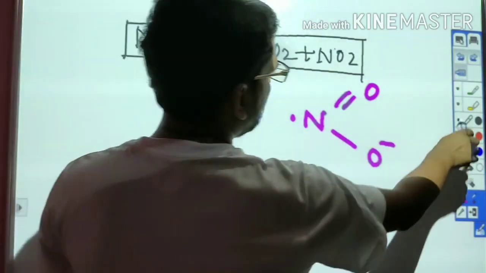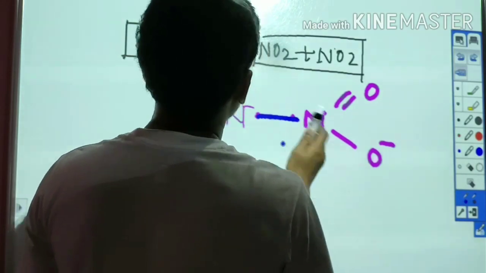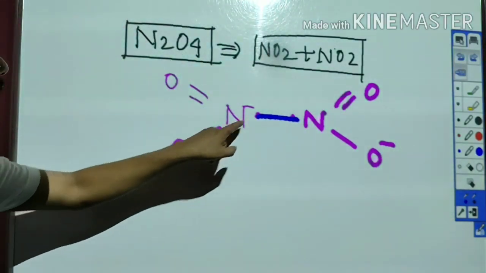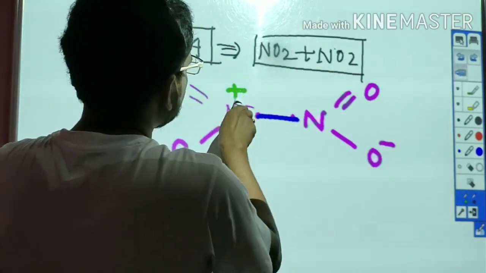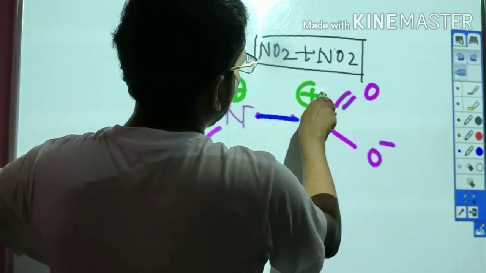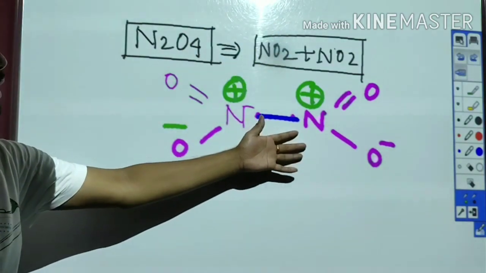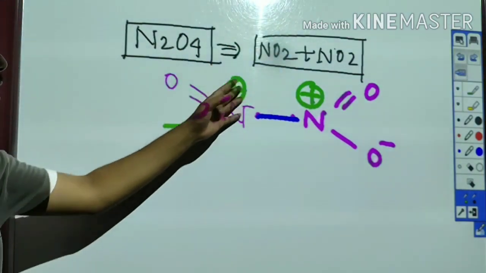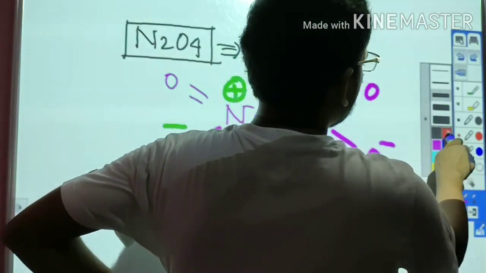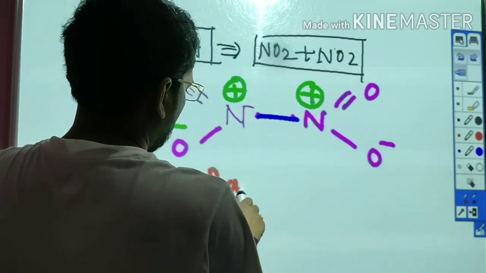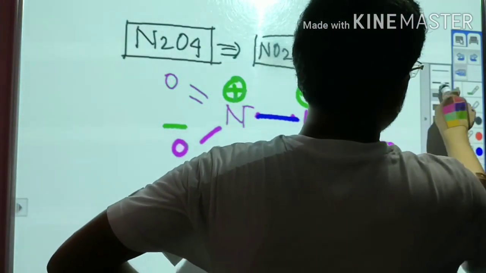Now you just put a bond between this one and this one, so 1, 2, 3, 4. So nitrogen will carry formal charge: this is positive, here negative, here negative. So total, it is chargeless. This is N2O4. Now let me show you the total bonds formula. How many elements are there?